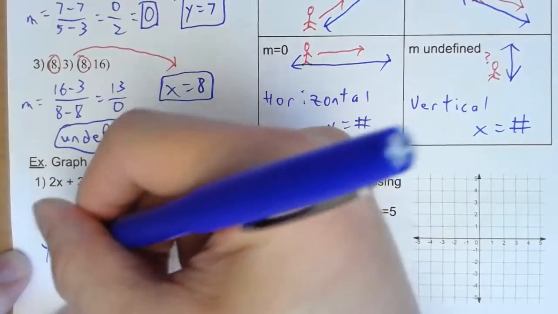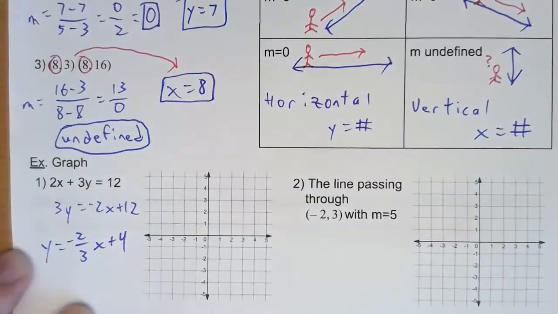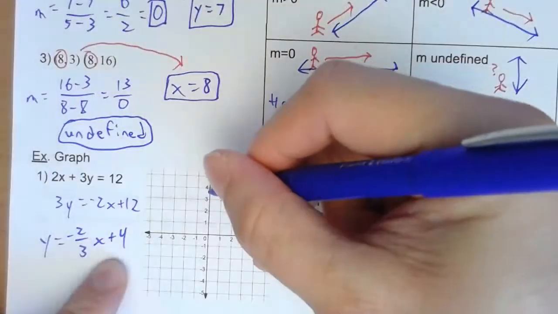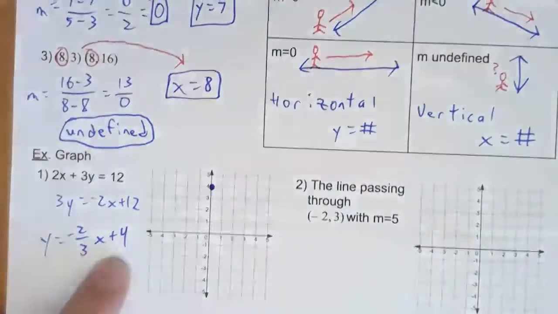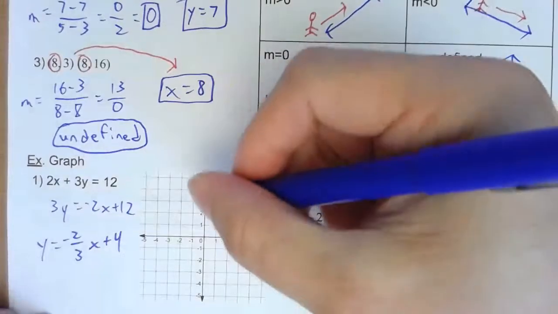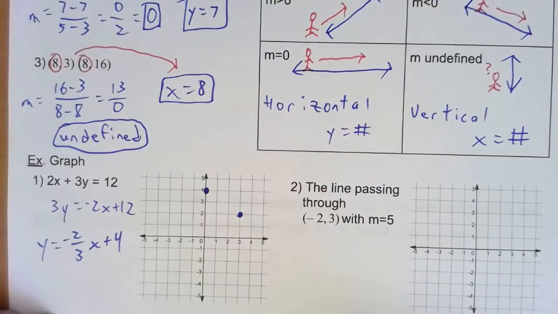We'll have y equals negative 2/3 x plus 4. And so then the b is our y-intercept. Make sure you start on the y-axis. And then a slope of negative 2/3. That tells us that we can go down 2 and over 3.